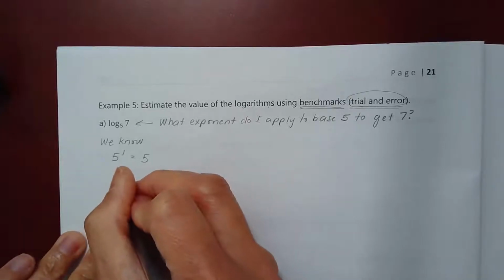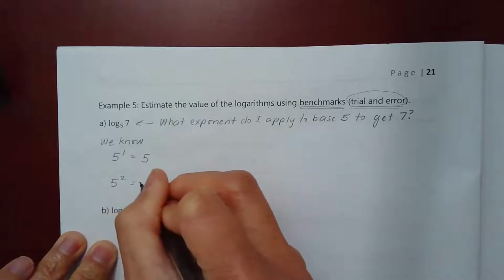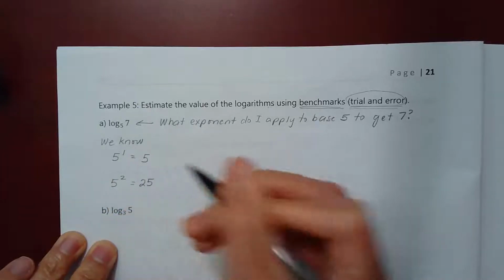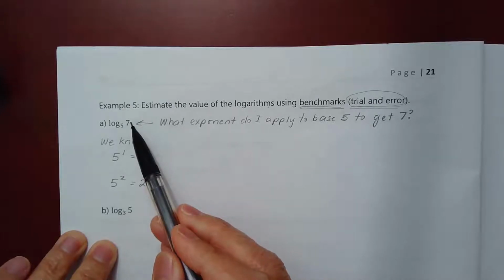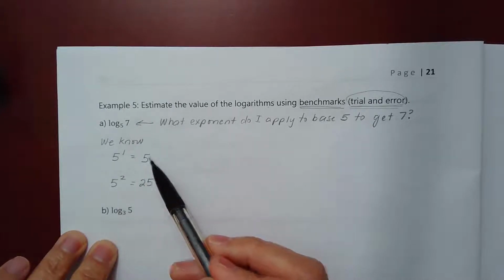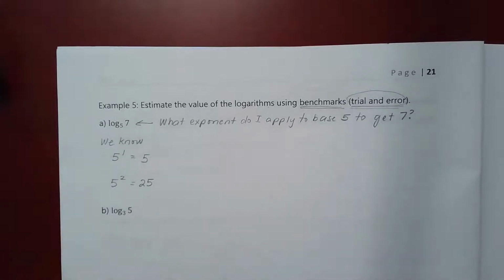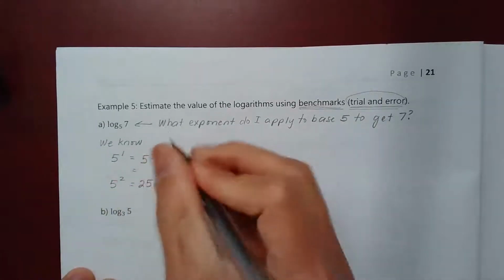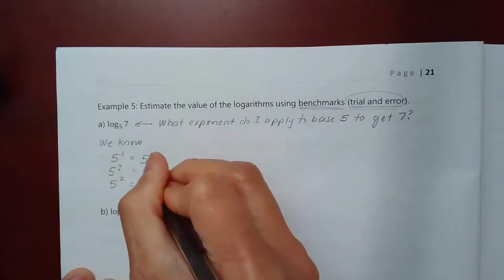We also know that 5 squared is equal to 25. So 5 is a little bit lower than 7, and 25 is higher than 7. So we know that 5 to some exponent will give us 7.